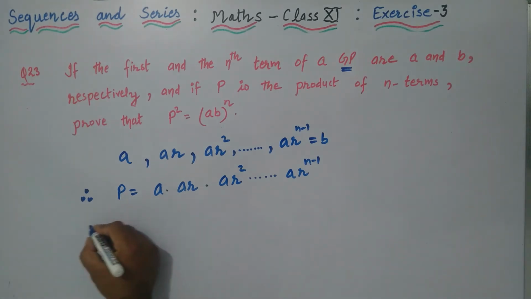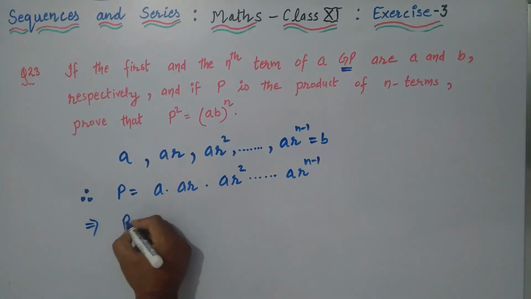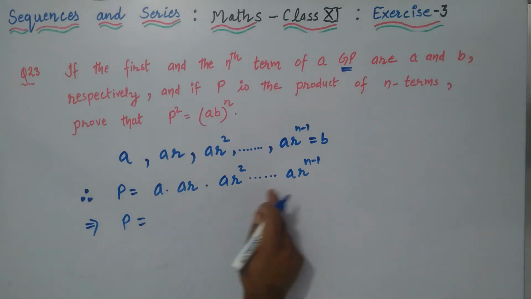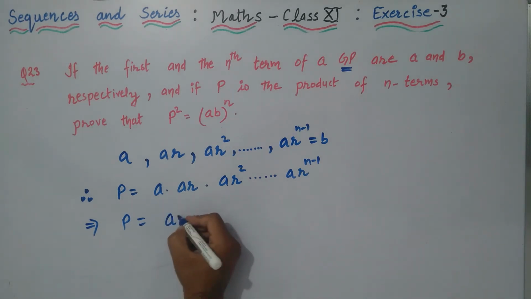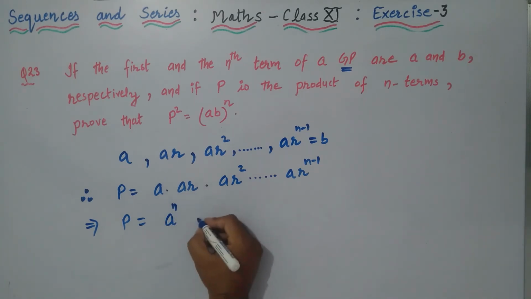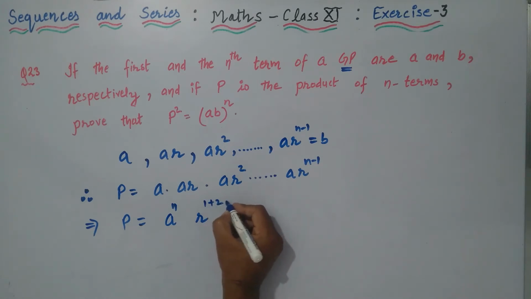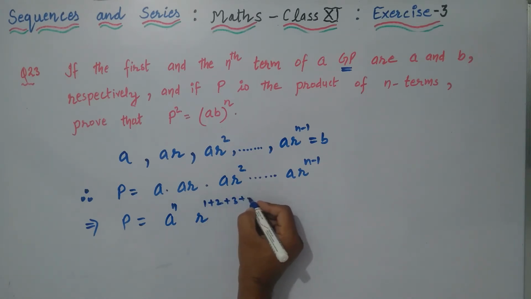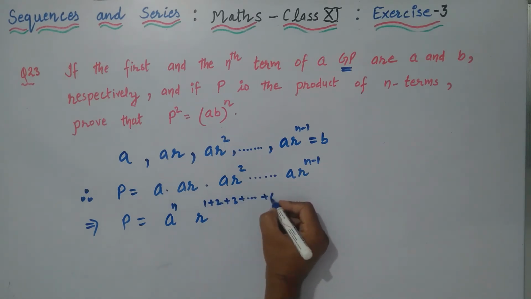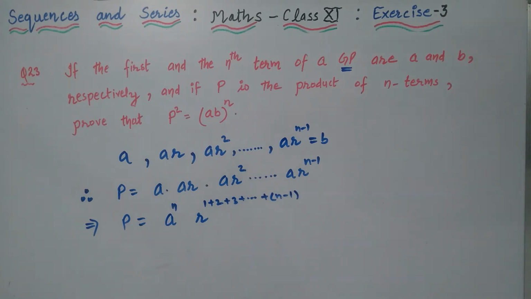So this means P is equal to A multiplied n times, so A raised to power n, R raised to power 1 plus 2 plus 3 and so on plus n minus 1.